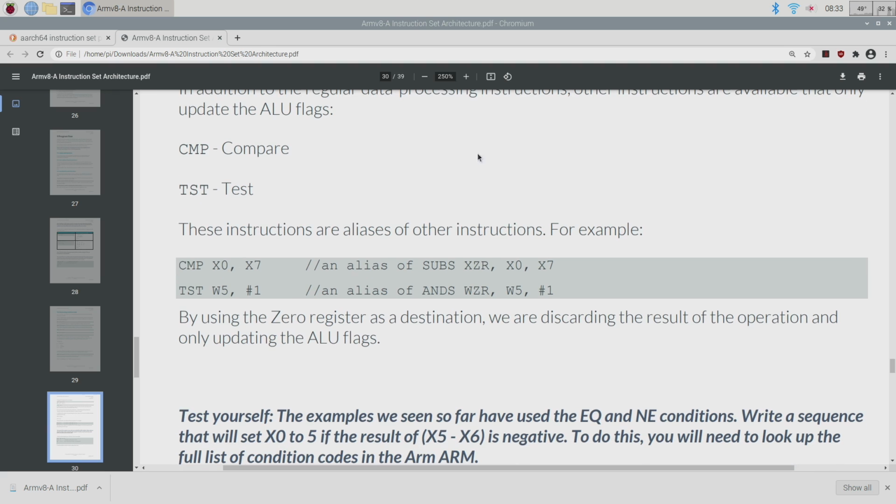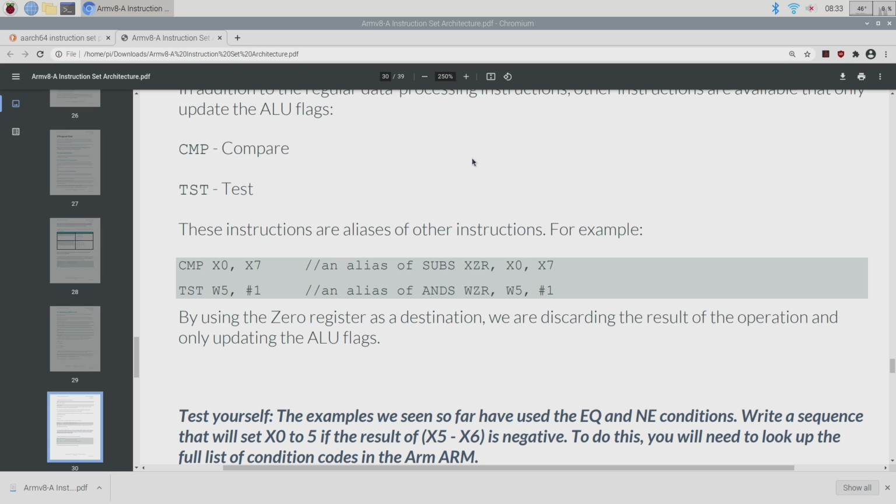And then, okay, so the next thing I wanted to talk about would be logical instructions and bit manipulation, okay? So I think we've mentioned the test instruction before, okay, which is, so what's the difference between a comparison instruction and a test instruction?